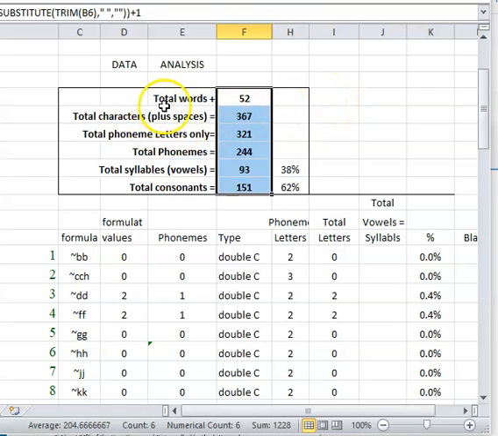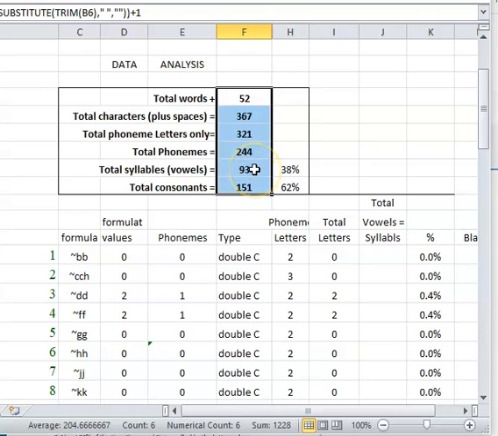The analysis page automatically analyzes the total words, the total phoneme letters. Oh, total phoneme letters only. Those are not the phonemes. And out of those letters comes 244 phonemes.